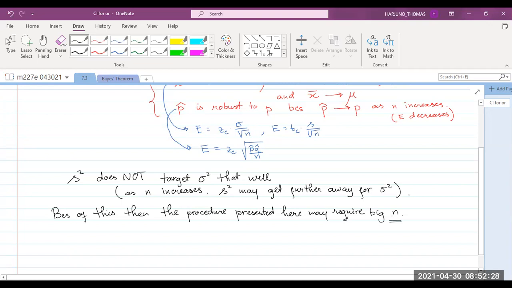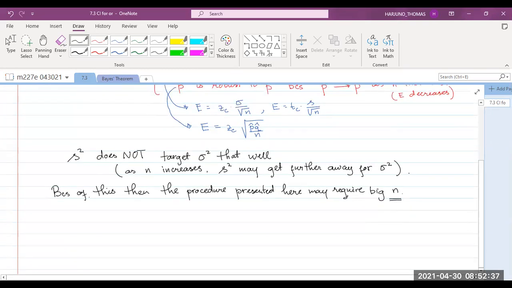The sample size should be big. Okay, that's one. Now, second thing, another reason, another difference.